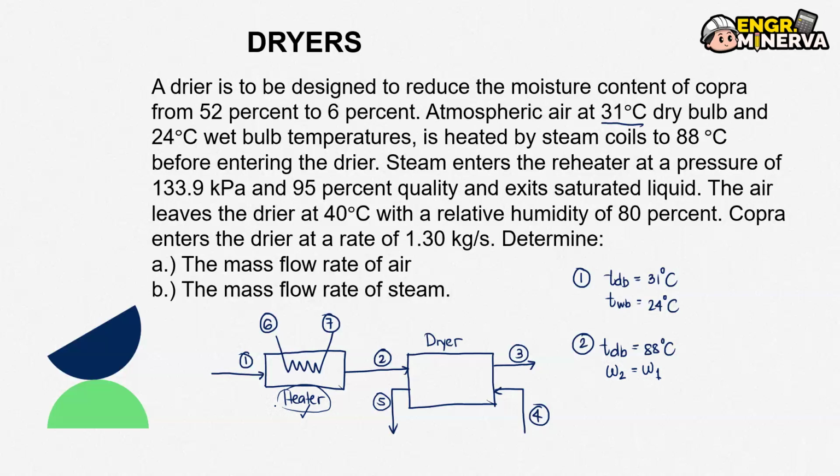Next, the air leaves the dryer at 40 degrees Celsius. So it means at point 3, our dry bulb is 40 degrees Celsius. The relative humidity is 80%. RH is 80%.